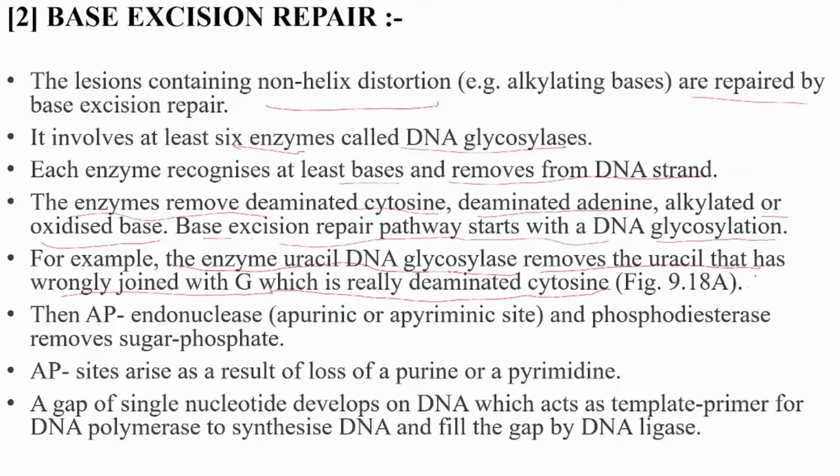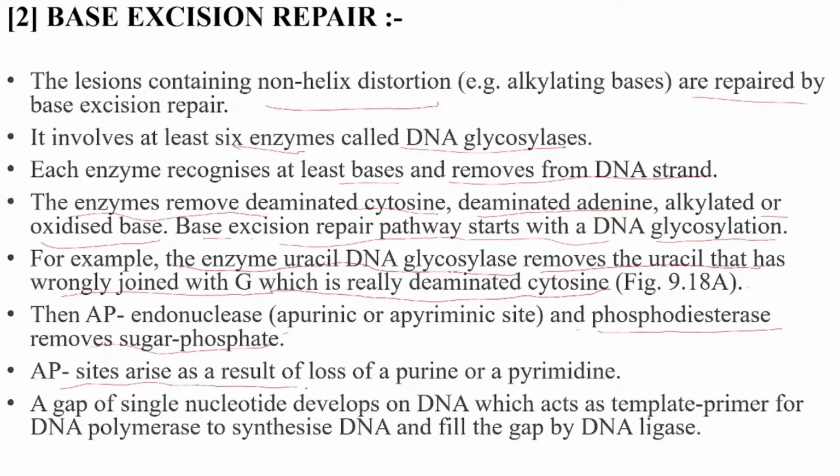We are here talking about the damage caused by deamination. In the previous lecture on DNA damage, we talked about deamination. It is a type of DNA damage. So base excision repair is the type of repair which helps with this type of DNA damage. Then AP endonuclease and phosphodiesterase remove the sugar phosphate.